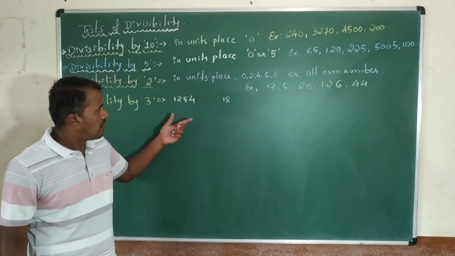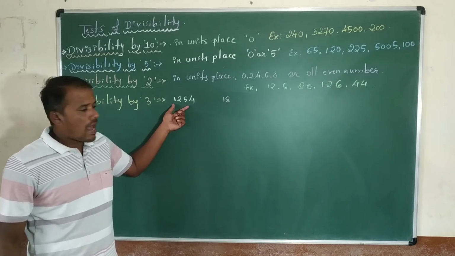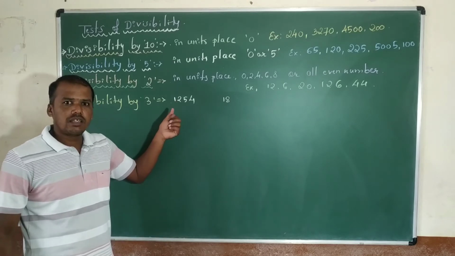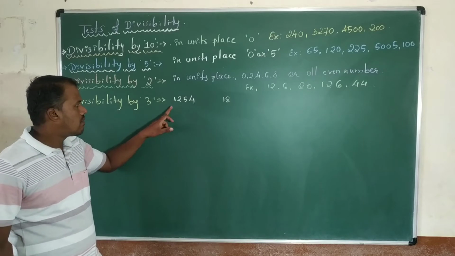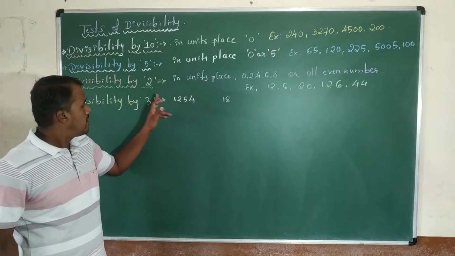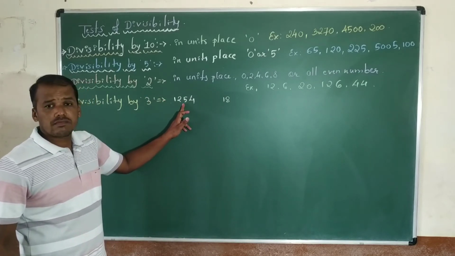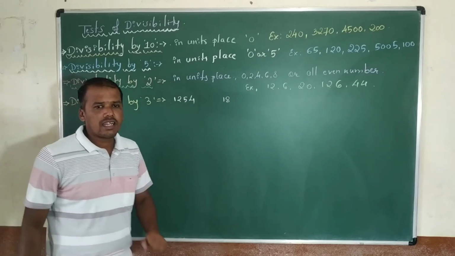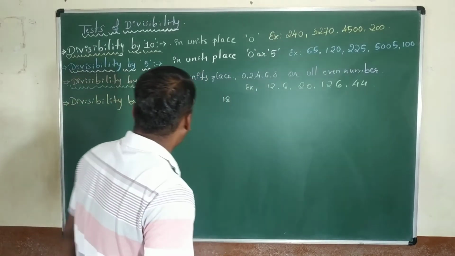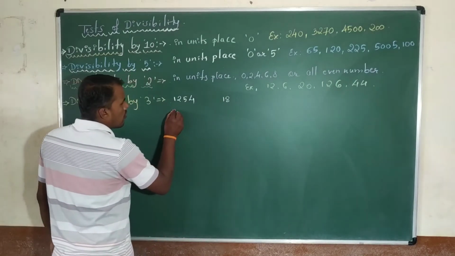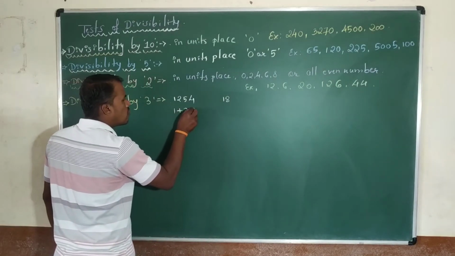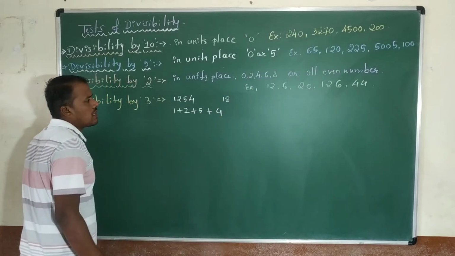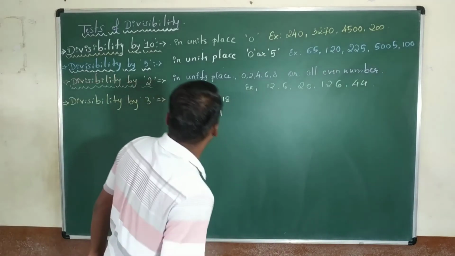But if the number has a larger value, then it is difficult to say it is a multiple of 3 by writing multiples. Big numbers are there. At that time, what you do here is 1 plus 2 plus 5 plus 4. Simply add those numbers.